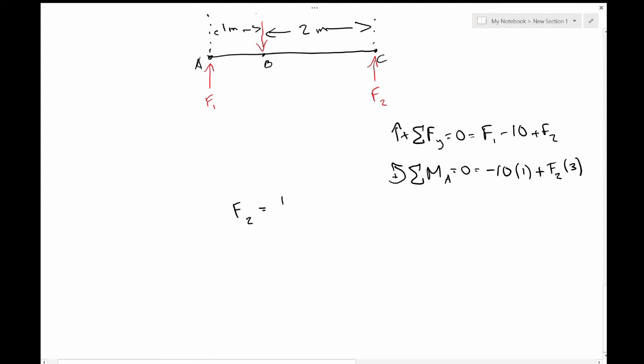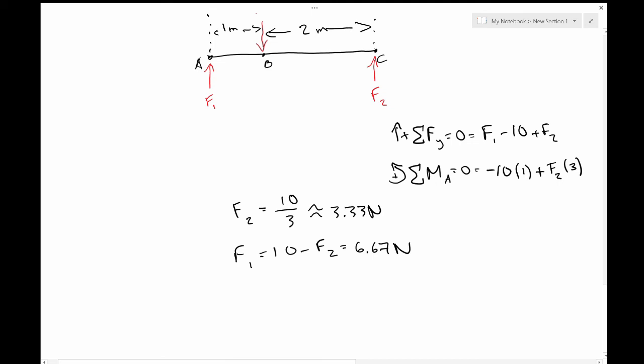F2 equals 10 over 3, which roughly equals 3.33. And then from the first equation, F1 equals 10 minus F2, which is equal to 6.67 newtons.